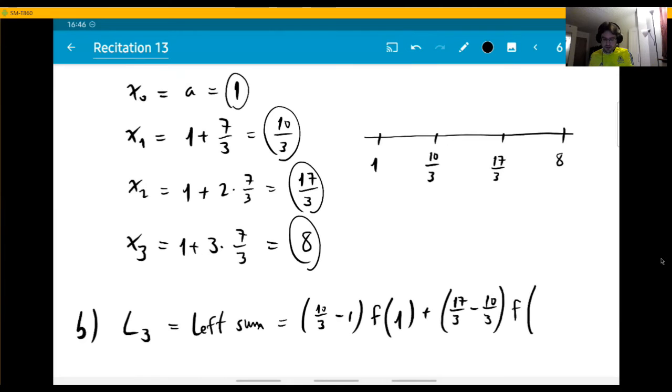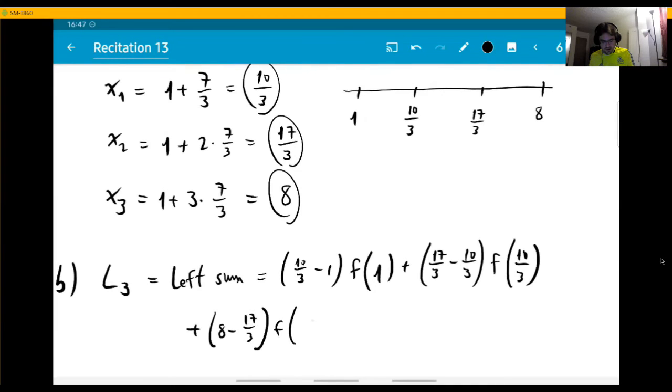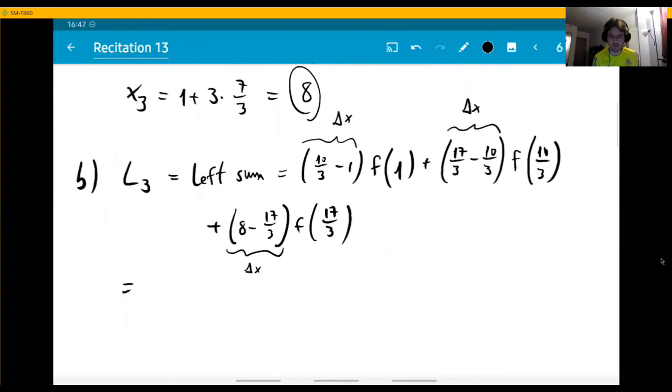What is the left end point of the second interval? It is this one, 10/3. And plus 8 minus 17/3, f of 17/3. But what is special about a regular sum is that each one of these lengths is the same number. If you did your math right, that's what it means for it to be regular.